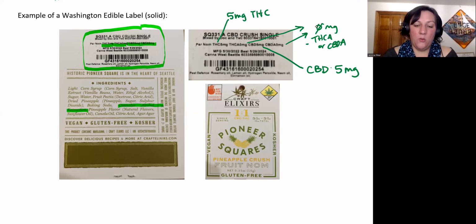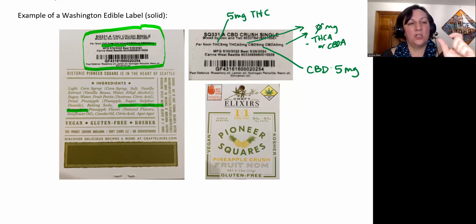And so when it's being produced, each piece will have a very specific dosage to it. And so you don't see variation like you would see in a cannabis concentrate or in cannabis flower. They'll always be 5 milligrams, 10 milligrams, or 2.5 milligrams, or 1 milligram, something along those lines.